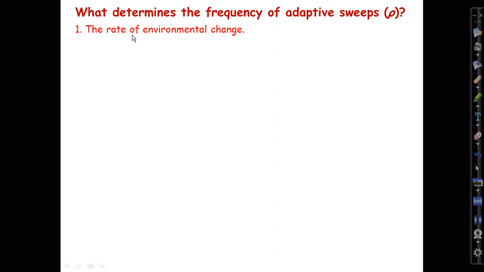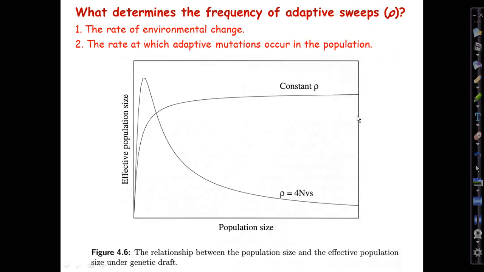Well, of course, the ecological engine of adaptive sweeps is the rate of environmental change, which we think of as inducing a species to change its ways somehow, but also given a certain rate of environmental change, the rate of sweeps is going to depend also on the rate at which adaptive mutations arise as mutations within the population.